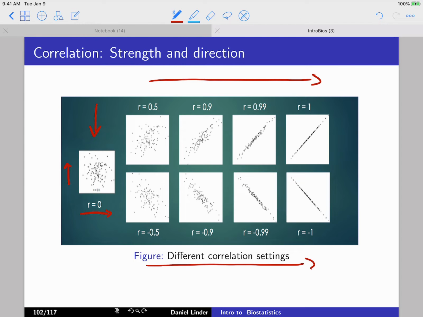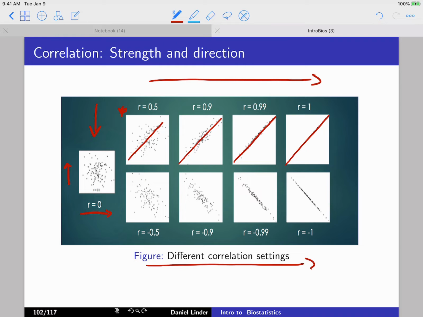In the top you'll see that in this very first graph here, even a correlation of 0.5 still looks, I mean, there's some type of trend that you may see here, but still things are kind of spread out. Now immediately once you get to 0.9, you see that the points get tighter and tighter on the line. At 0.99, virtually points are falling on the straight line, and then if the correlation were 1, these points would fall exactly on a straight line, indicating a perfect linear relationship.